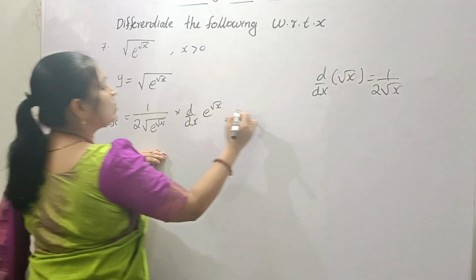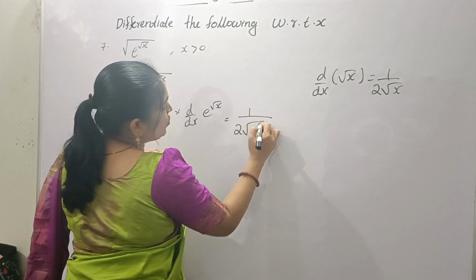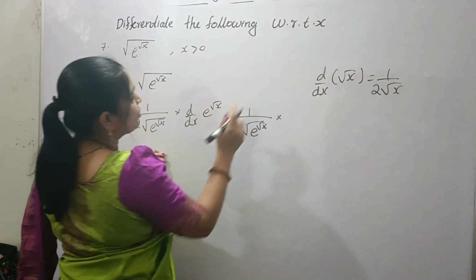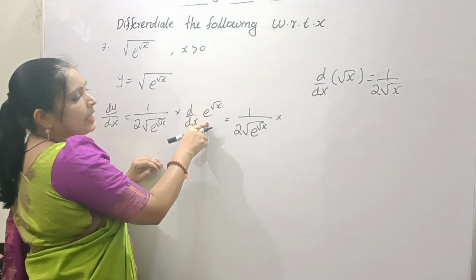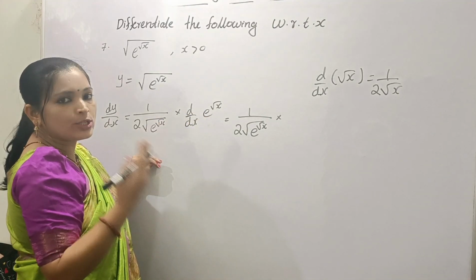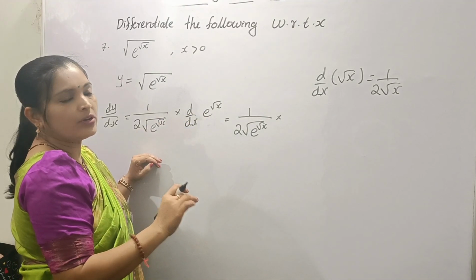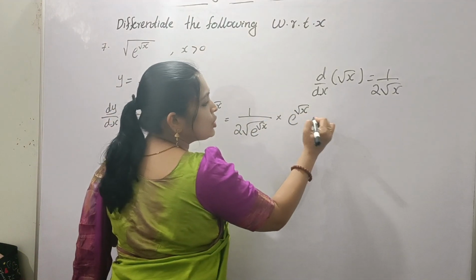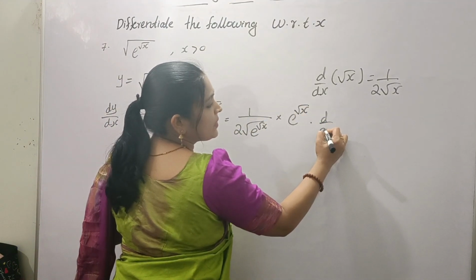That is equal to 1 by 2 root e raised to root x into derivative of e raised to root x. Derivative of e raised to x is e raised to x itself. e raised to root x is e raised to root x into derivative of root x.